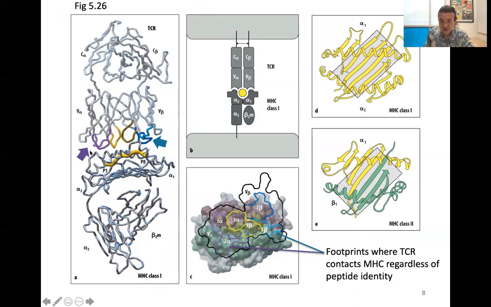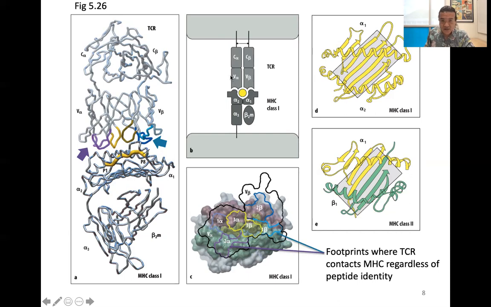Let's look at some of these structures a little bit more closely, to really appreciate what I'm talking about when I say it's so important that the TCR can actually recognize the MHC shape. Let's start with this cartoon in the middle over here. Here you have an alpha beta TCR on a newly developed T cell or a thymocyte. It has the alpha chain and the beta chain.